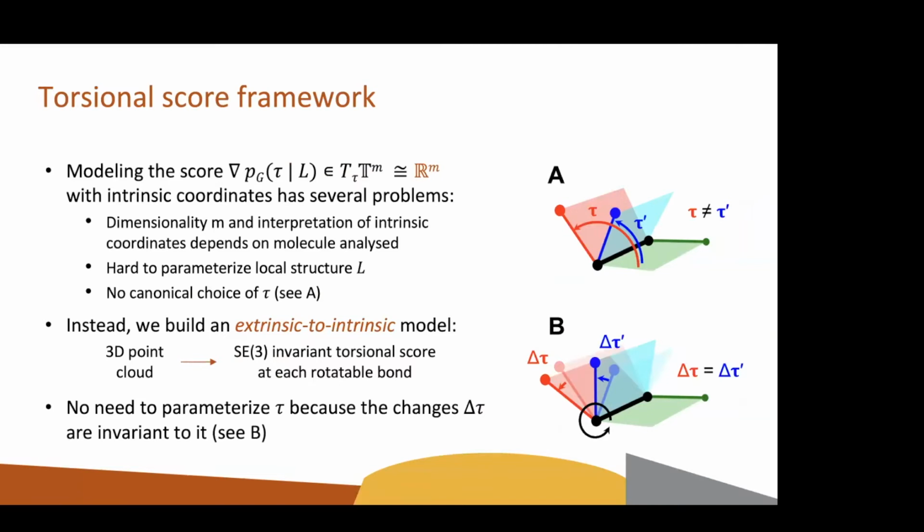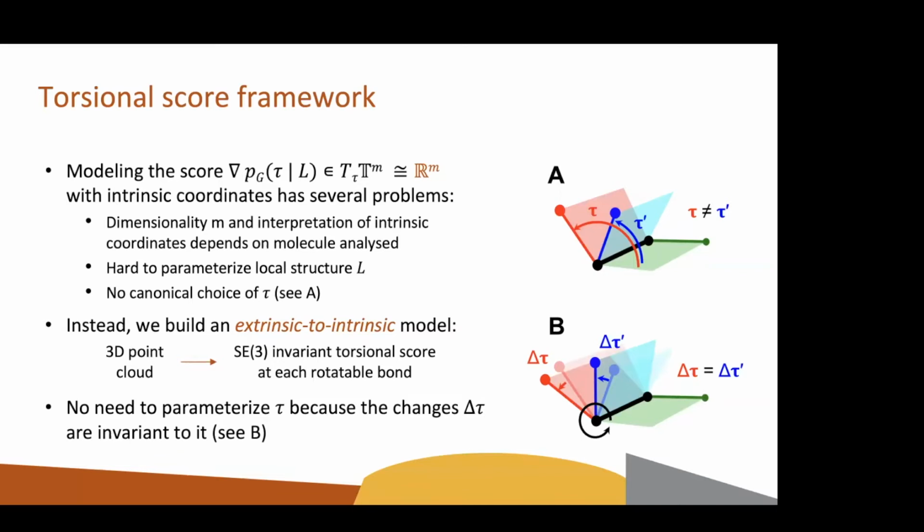So that part is pretty easy. The harder part is the input to the torsional score model. Since we're doing intrinsic coordinates, you could think we could just provide the model with the intrinsic coordinate parameterization of a conformer. However, this has a couple of problems. First of all, the dimensionality of this toroidal space obviously depends on the number of rotatable bonds.